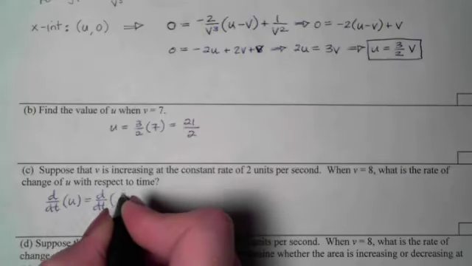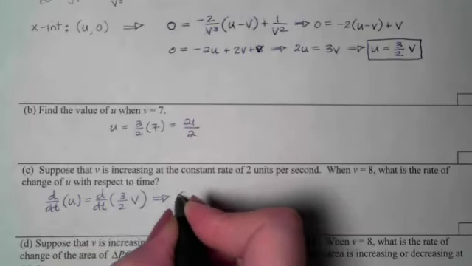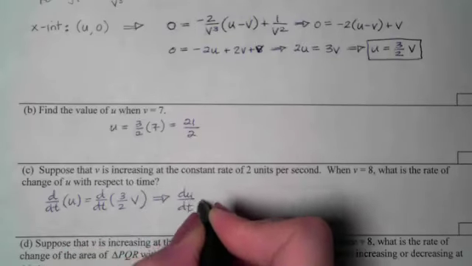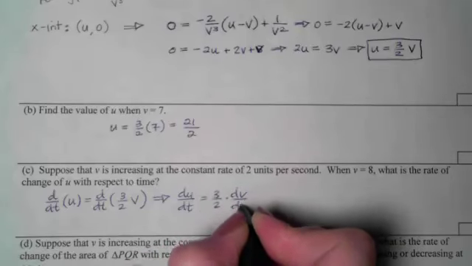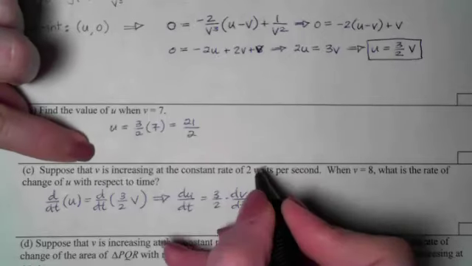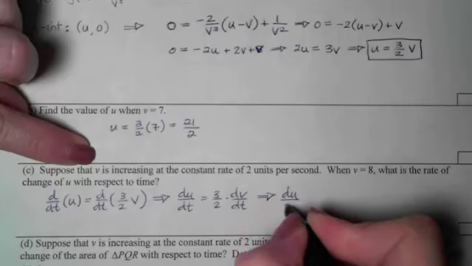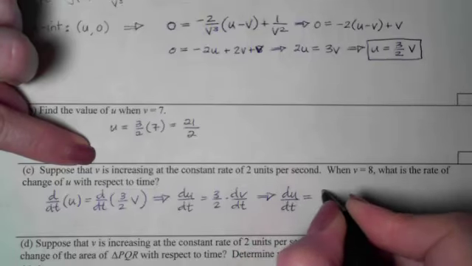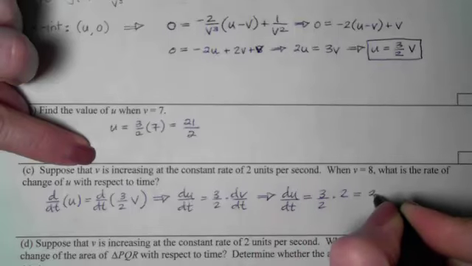When I do that, I'll have the relationship between the rates. That will give me du dt equals 3/2 dv dt. Now I told you that dv dt is a positive 2, so du dt at that moment will be 3/2 times 2, which is 3.